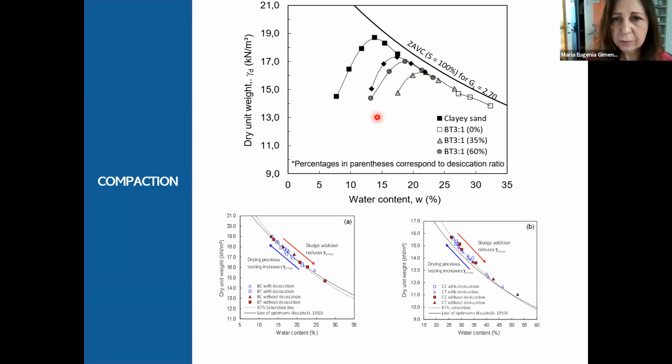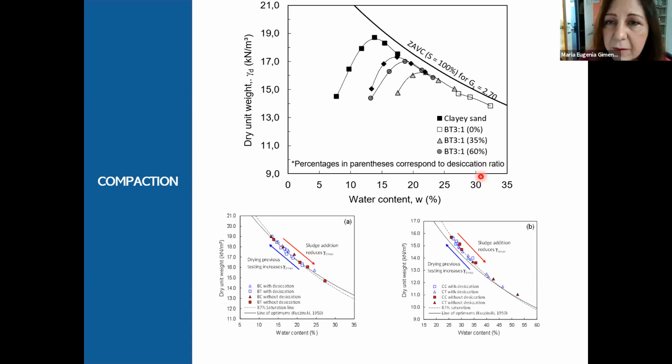Here, I would just like to remember that sludge addition reduces the maximum dry unit weight. It means that the mixtures are more porous and more humid with sludge addition.